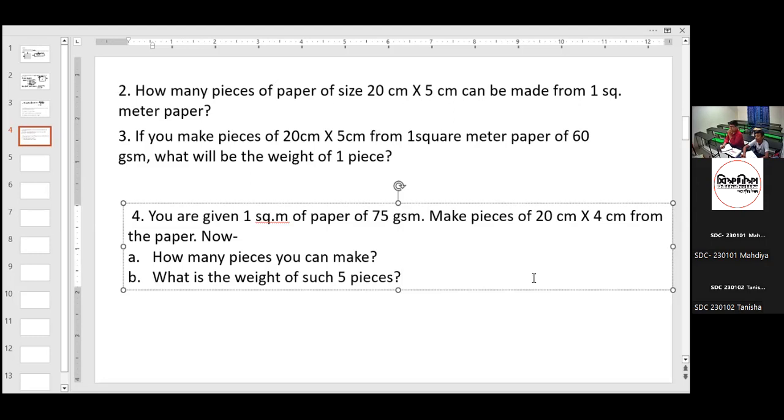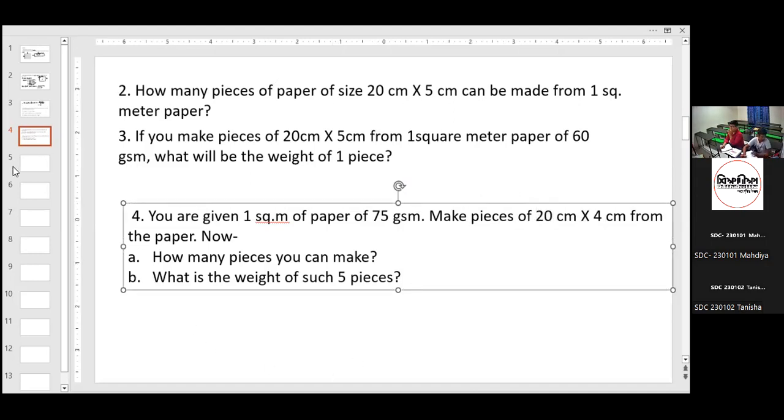So now we have to find out how many pieces of this size we can make from it. Either area divided by area.